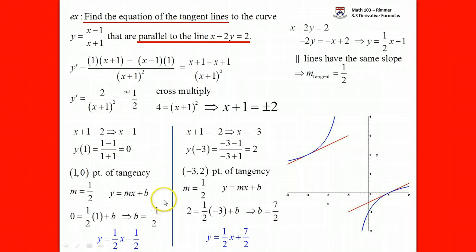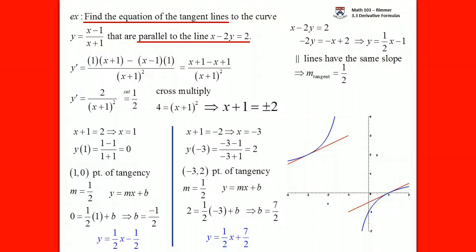Questions on that? Yes? When you find a derivative, what exactly is that, in terms of the problem? Okay? This is the one question that you have to be able to know the answer to in this class. The slope of the tangent line is the derivative.